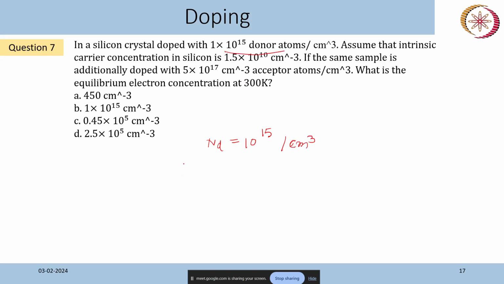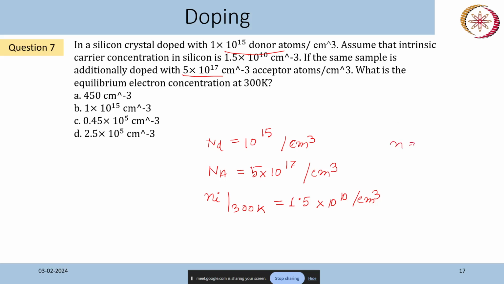And Na, the acceptor concentration, is 5 into 10 to the power 17 per centimeter cube. And Ni is given at 300 Kelvin as 1.5 into 10 to the power 10 per centimeter cube. That is n.